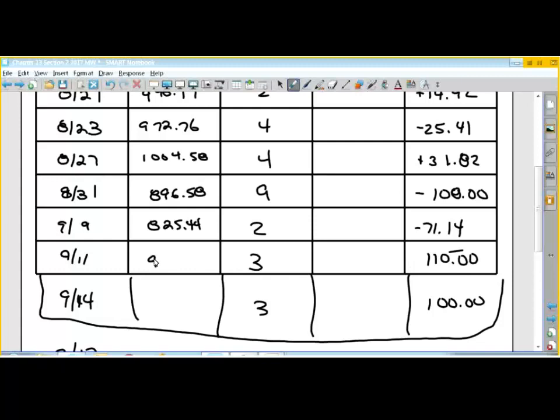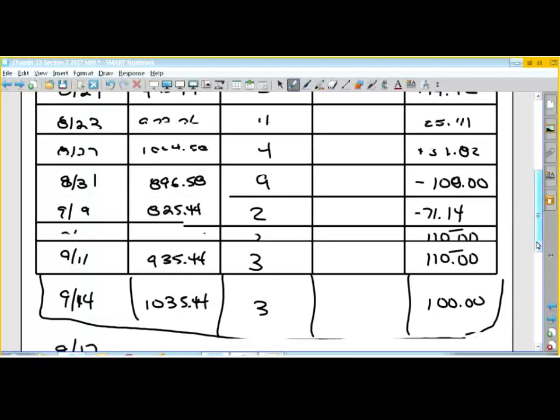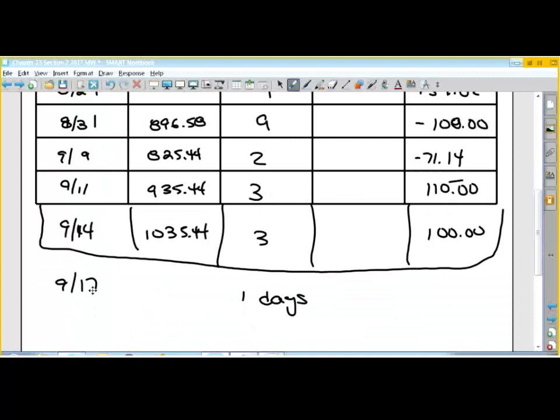Then I'm buying something, so I buy something for $110. So my balance is back up to $935.44. And then I do another $100, and I get $1,035.44.